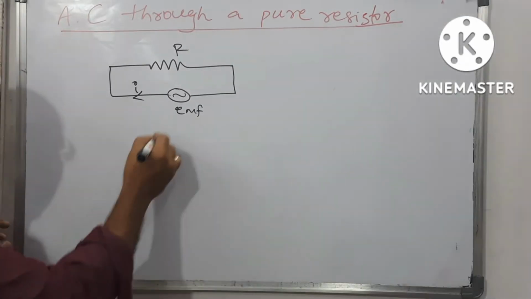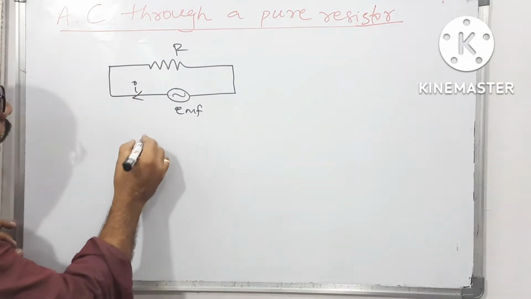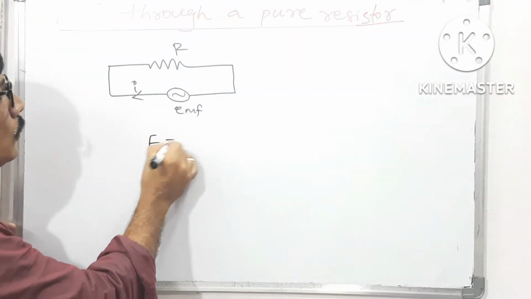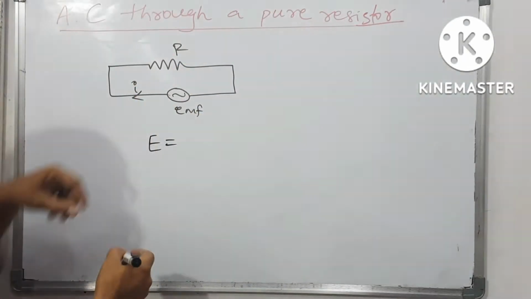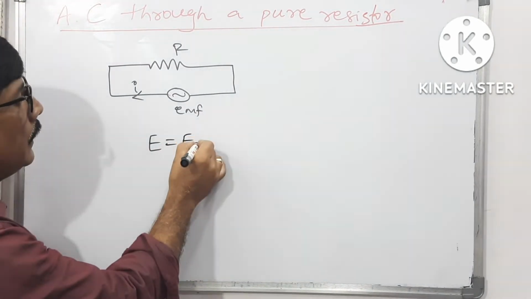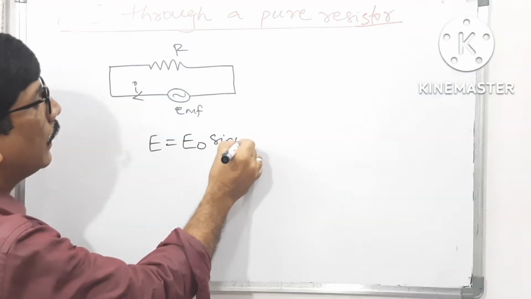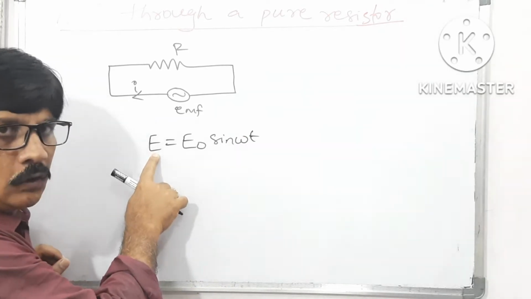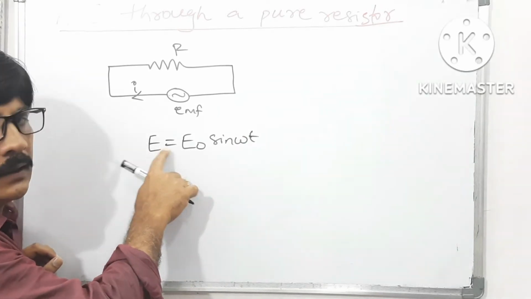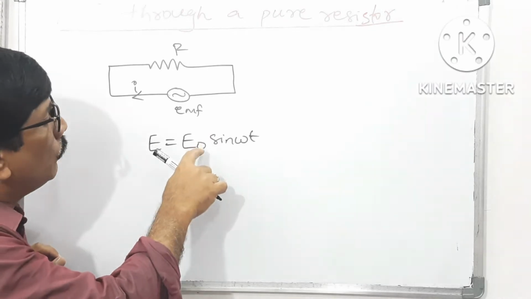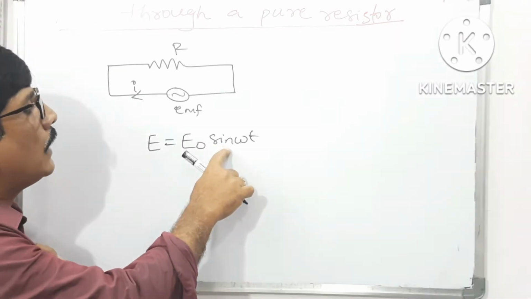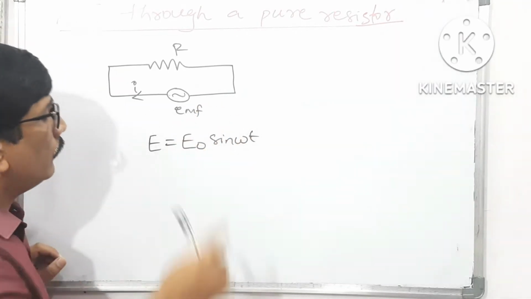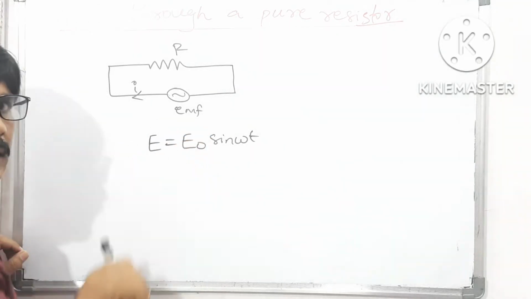So now you know at any particular instant of time the electromotive force in the circuit is E equal to E naught sin omega t. You know this already: the instantaneous electromotive force is equal to the peak value of the electromotive force times sin omega t.